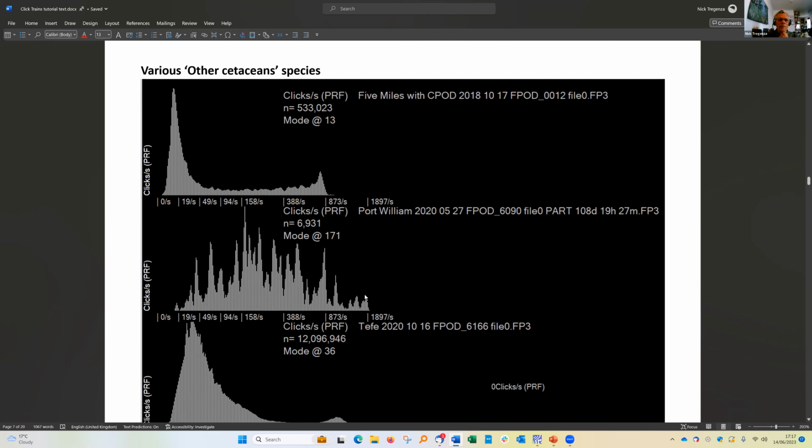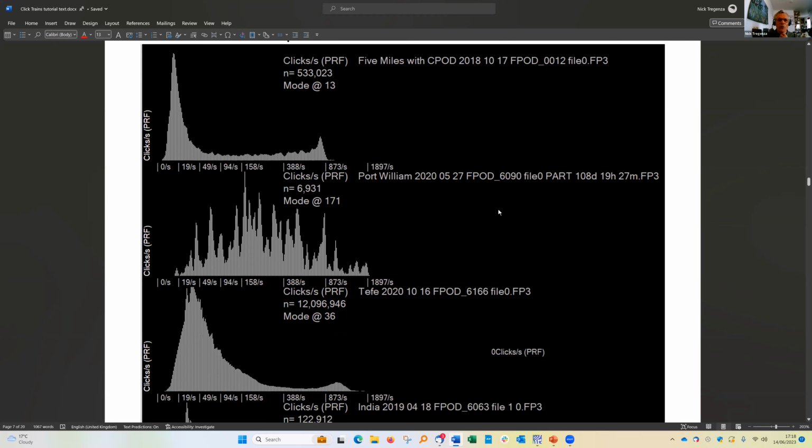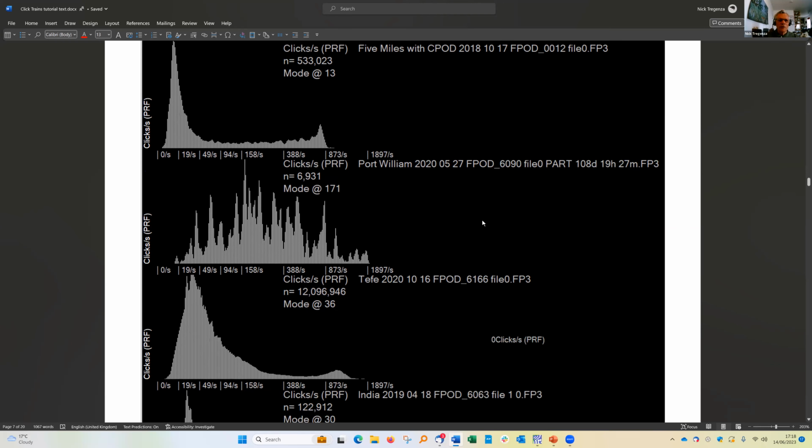These are from the Falkland Islands, from a file that had very few detections, and basically none of these were correct. These are all false positives due to weak unknown train sources, and they gave this very unusual distribution of click rates.